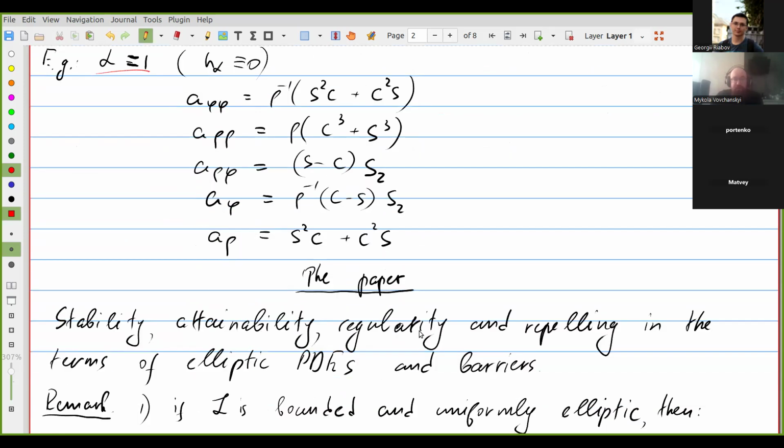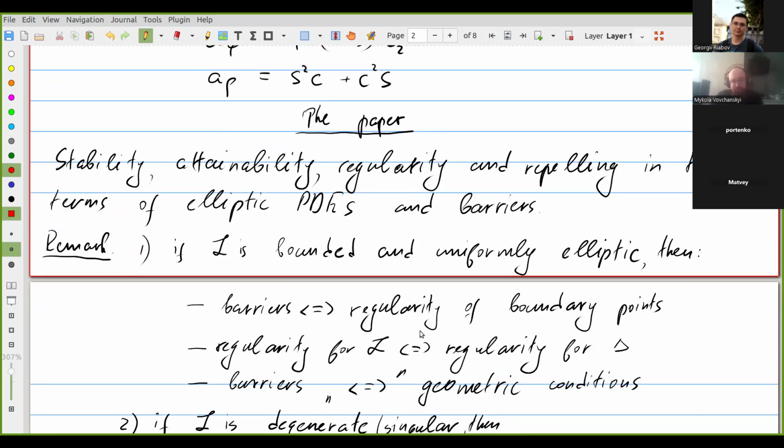Now, let's talk about the paper that was used here. It effectively establishes some criteria for stability, attainability, regularity, and a point being repelling in terms of elliptic PDEs, and what is most important, in terms of barriers.